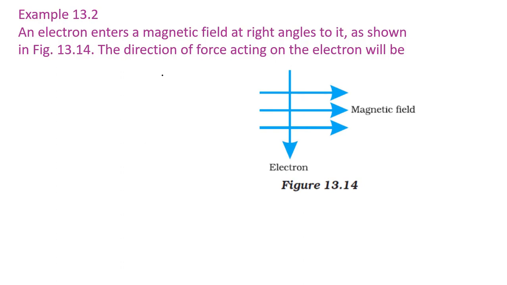So over here, students, first of all, the electron is moving downwards, so the direction of current will be vertically upwards.